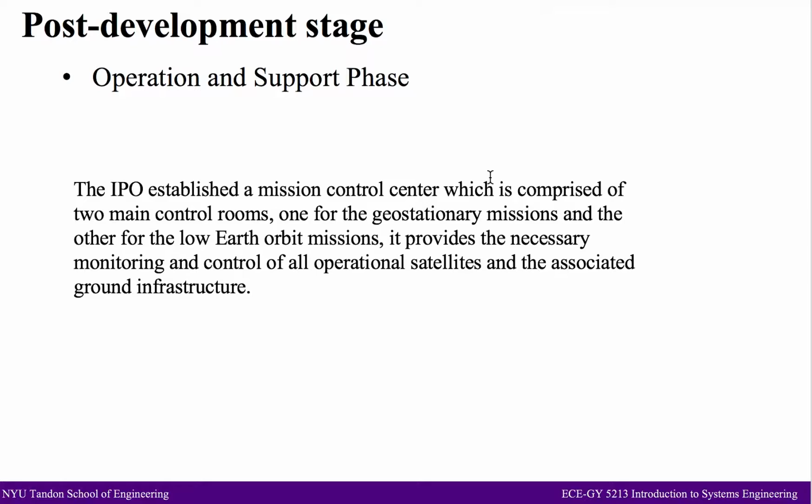It provides the necessary monitoring and control of all operational satellites and the associated ground infrastructure. It also ensures continual communications with and data acquisition from satellites through a network of primary and backup ground stations distributed around the United States.